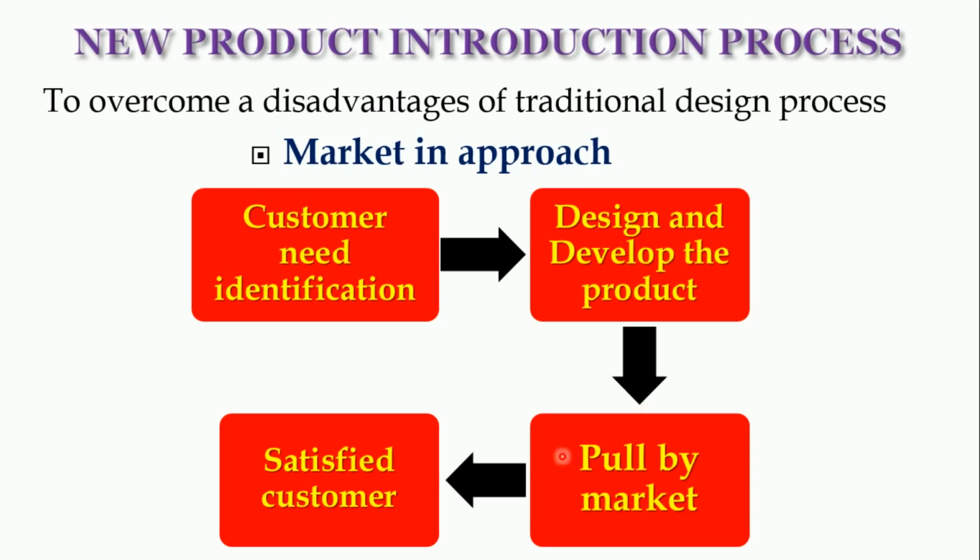Then this product is pulled by the market. All the needs come from the customers in the market, and then we satisfy the customer. This is the market-in approach for the new product process. That's why it is one of the parts of design for manufacturing, generally called the DFM process.